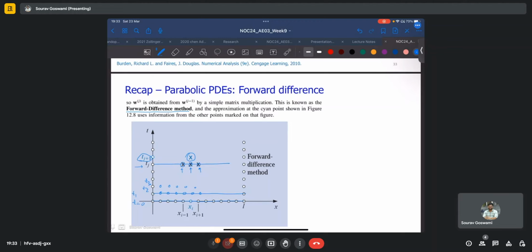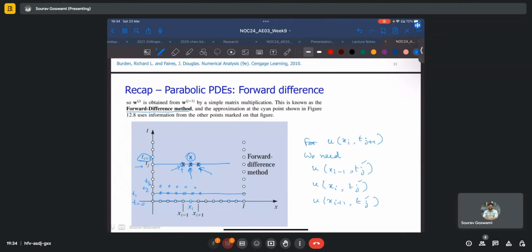And based on its location, xi plus 1, we'll use the information from, so for xi comma tj plus 1, we need u of xi minus 1 comma tj, which is this one right here, u of xi comma tj, which is the one directly at its bottom, and u of xi plus 1 comma tj, which is this one, all at the previous time step, one directly below it and the other two on either side.